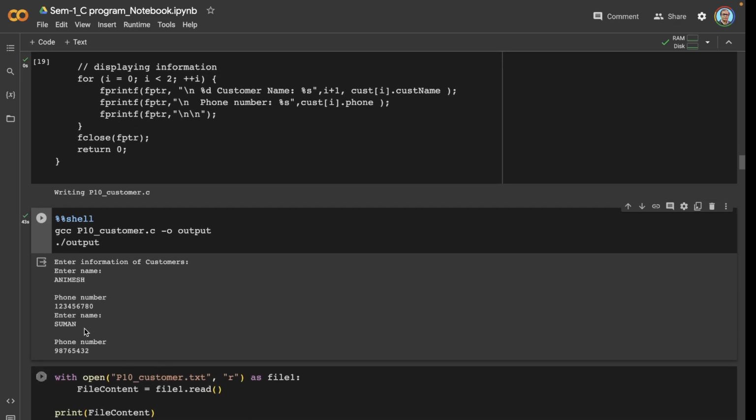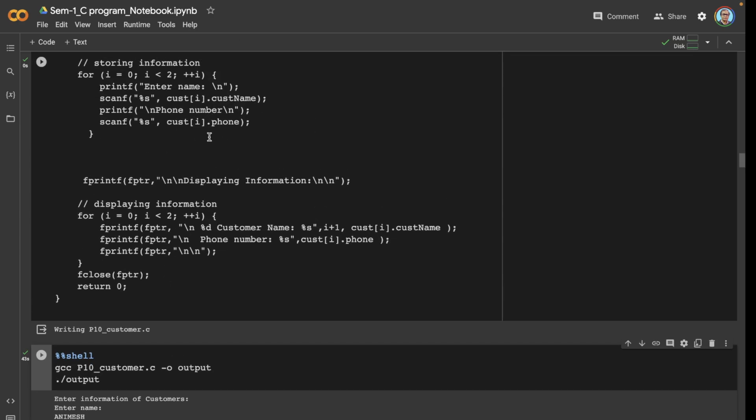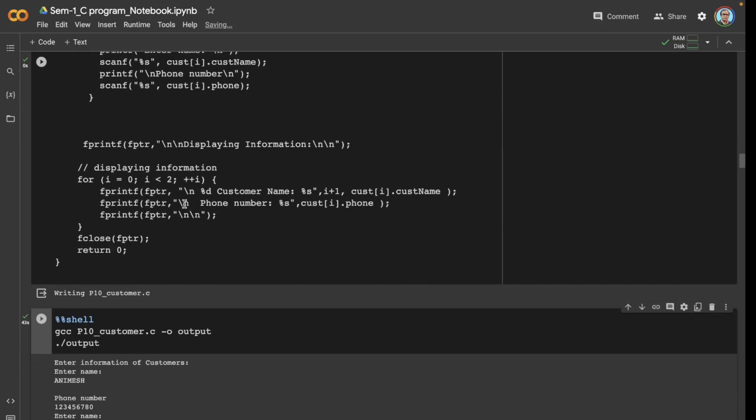So this is the input, but the output is created in the .txt file.